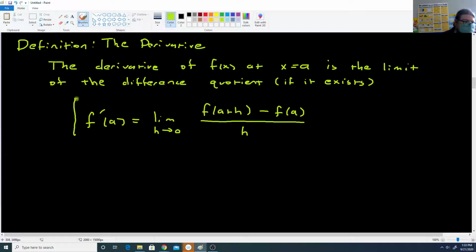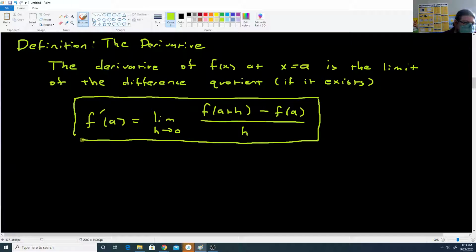So this is going to be the equation we calculate when we want to figure out the derivative of something. Or this is one of the equations we can calculate. So when this limit exists, we say that f is differentiable at x equals a.